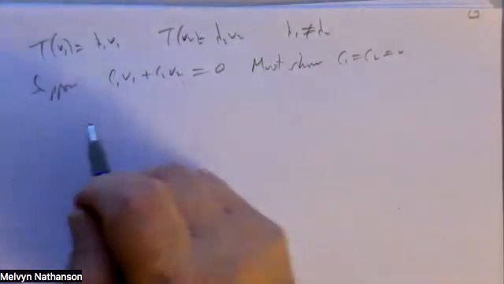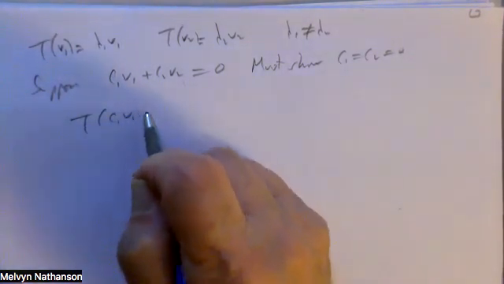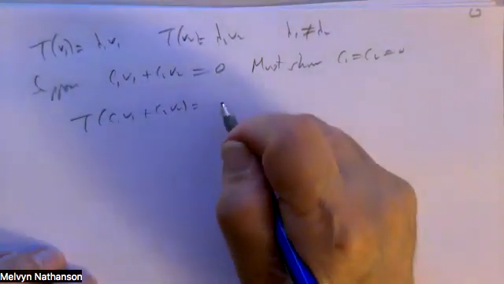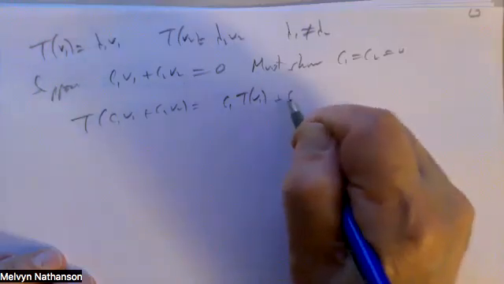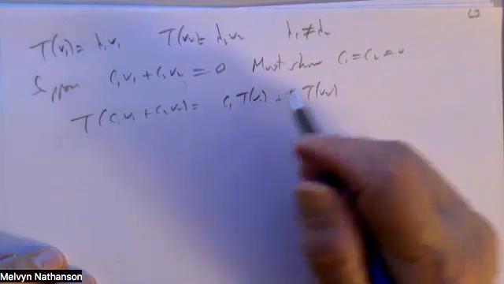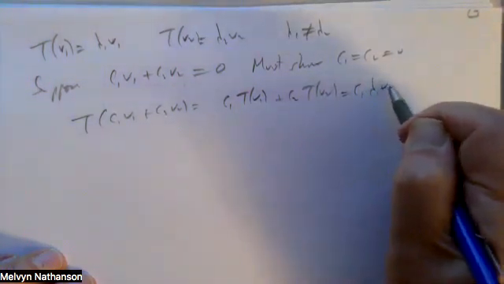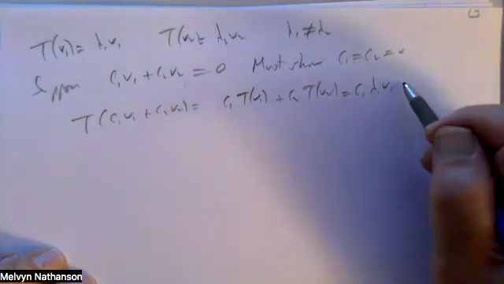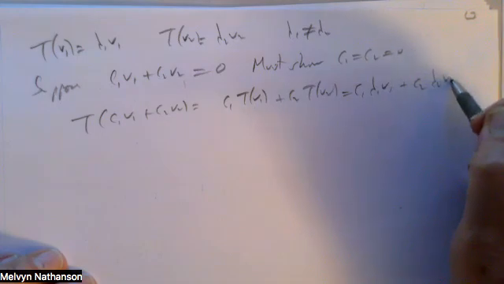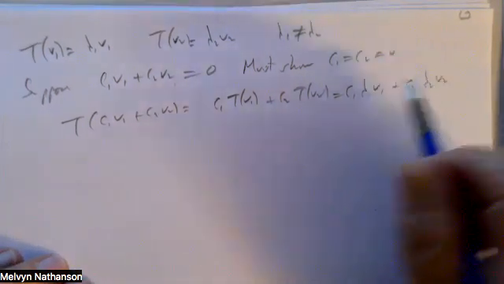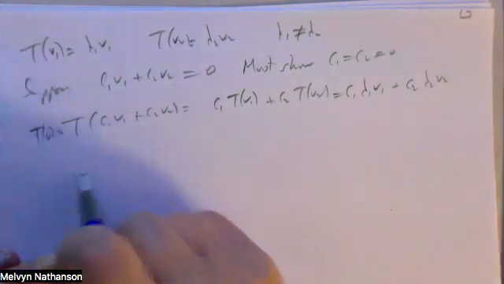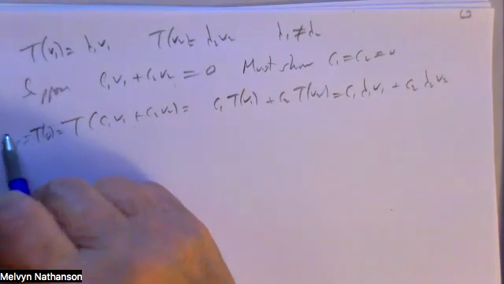But T of C1 V1 plus C2 V2, T is a linear transformation, is C1 T of V1 plus C2 T of V2, which is C1 lambda 1 V1 plus C2 lambda 2 V2. But this is the zero vector, and T of the zero vector is the zero vector.